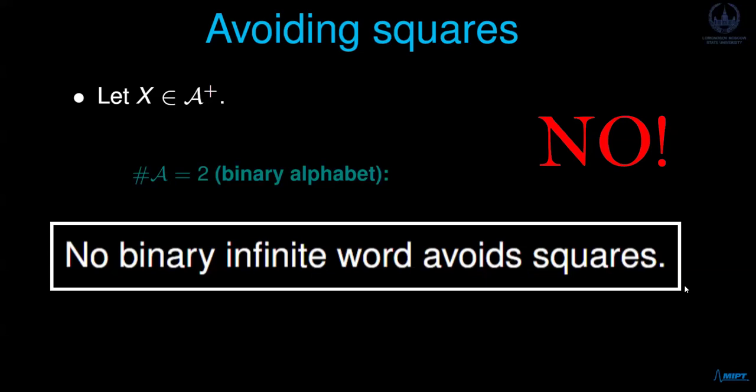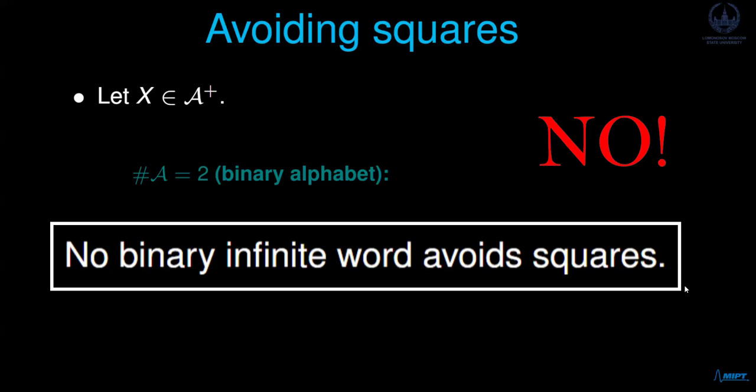The answer to whether such a word can avoid squares is a firm no. In fact, there is a well-known result that proves there is no infinite binary word that avoids squares entirely.